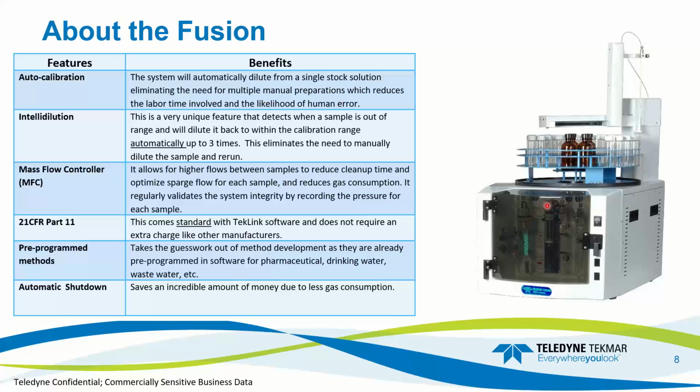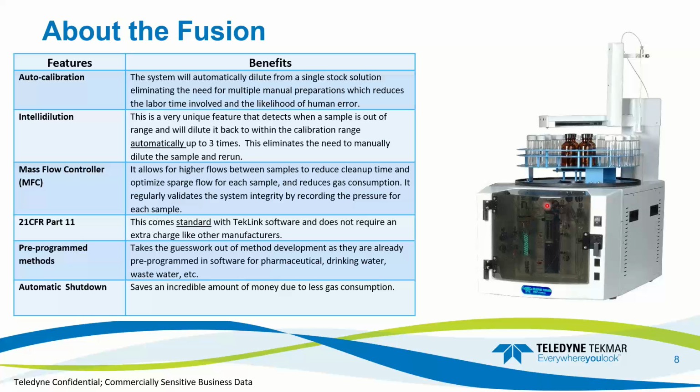The system also comes pre-programmed with methods. So this basically takes the guesswork out of method development, as it's already pre-programmed into the system. So we have methodologies for drinking water, wastewater, USP pharmaceutical, Japanese pharmaceutical. We have different methods programmed for you with what we determined during development was the optimal parameters.